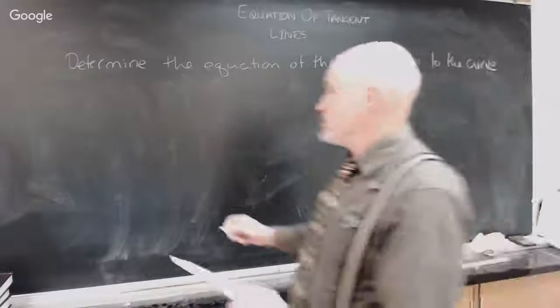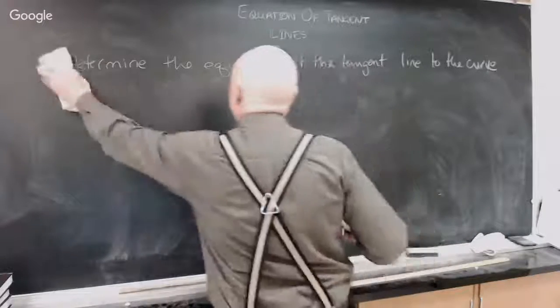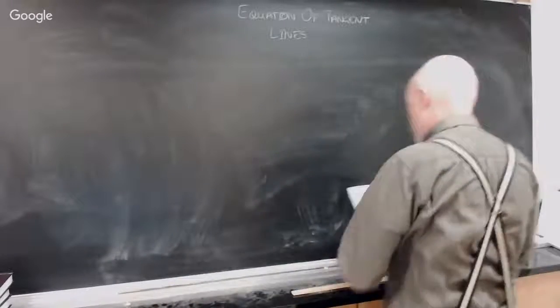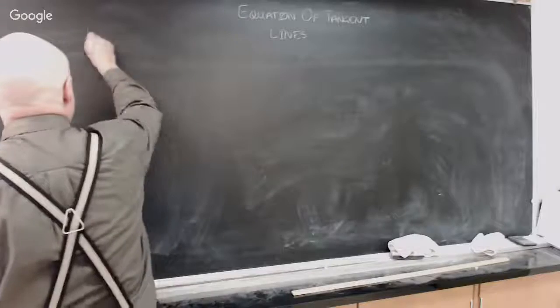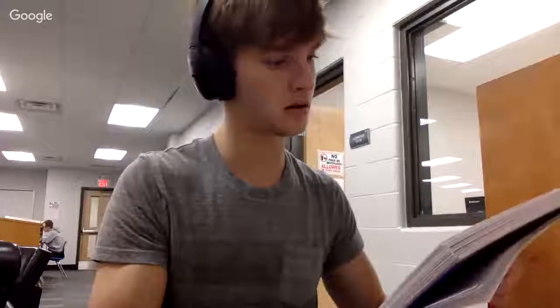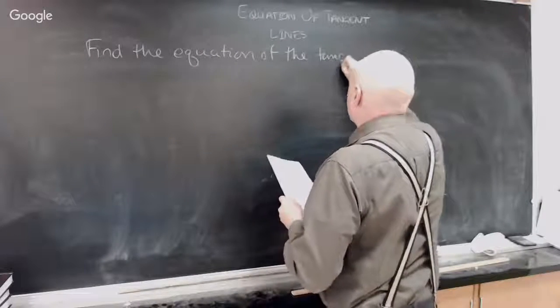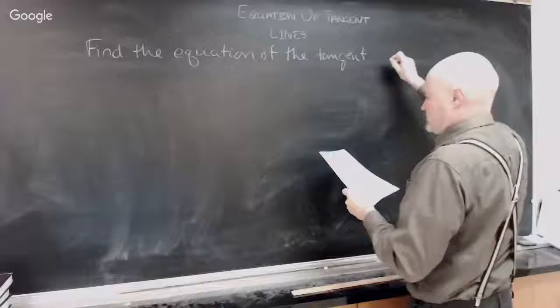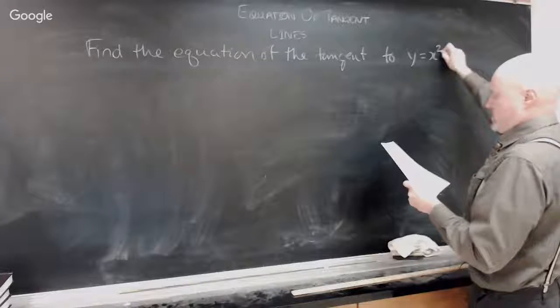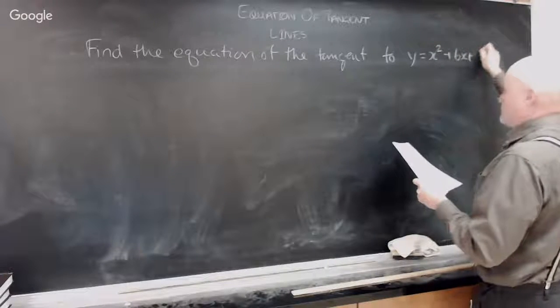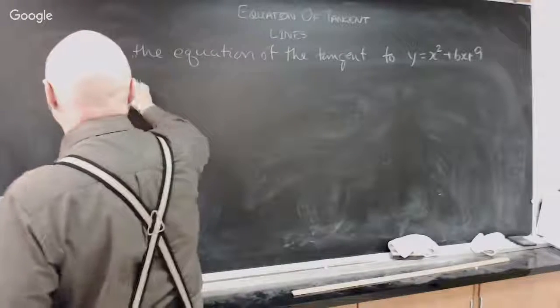So it says find the equation of the tangent to y equals x squared plus 6x plus 9 that has a slope of 6.